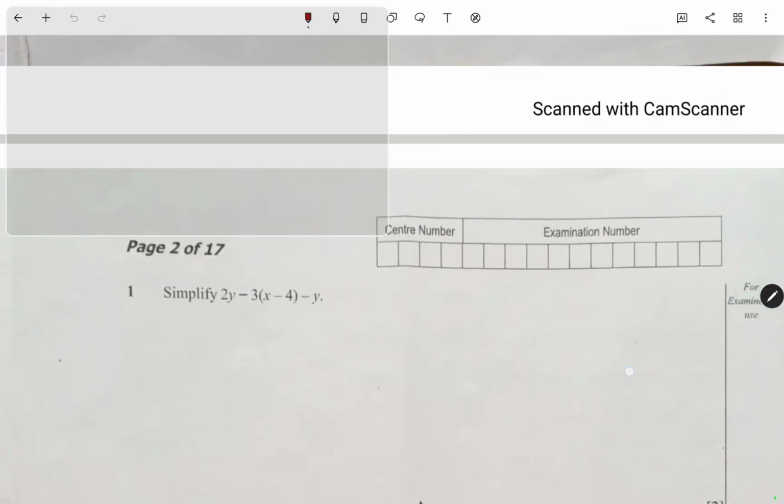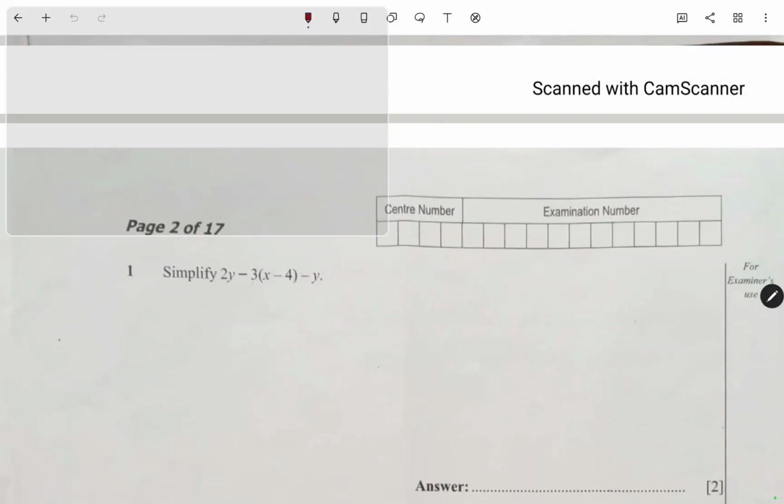Okay, here. Simplify. To simplify here, we're also going to expand. So this will be 2y, this and this one will be minus 3x, this and this one will be plus 12 minus y.